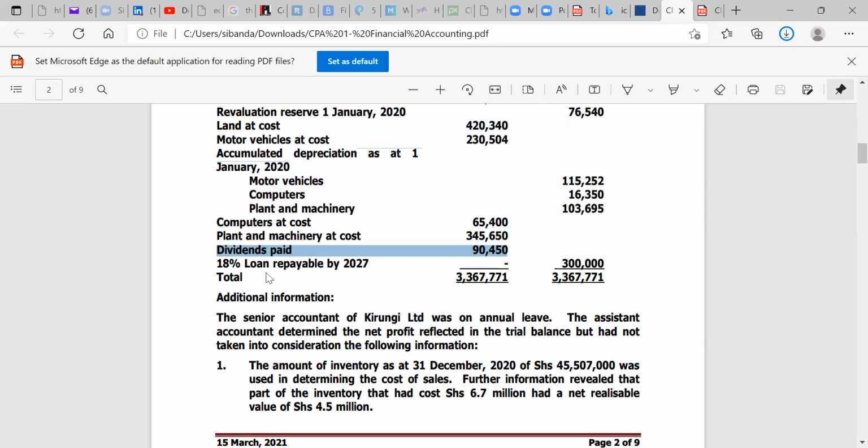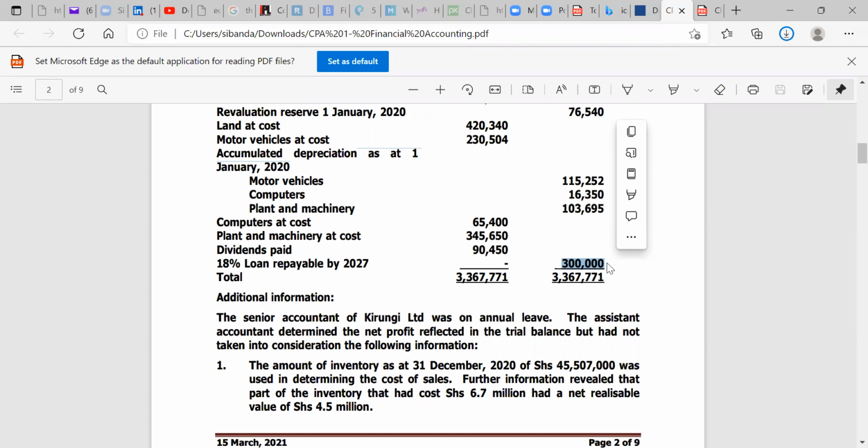And then we have that saying 18% loan repayable by 2027. And this value is 300,000. So this is a non-current liability because it's a loan that is repayable by 2027, which is a period beyond 12 months.